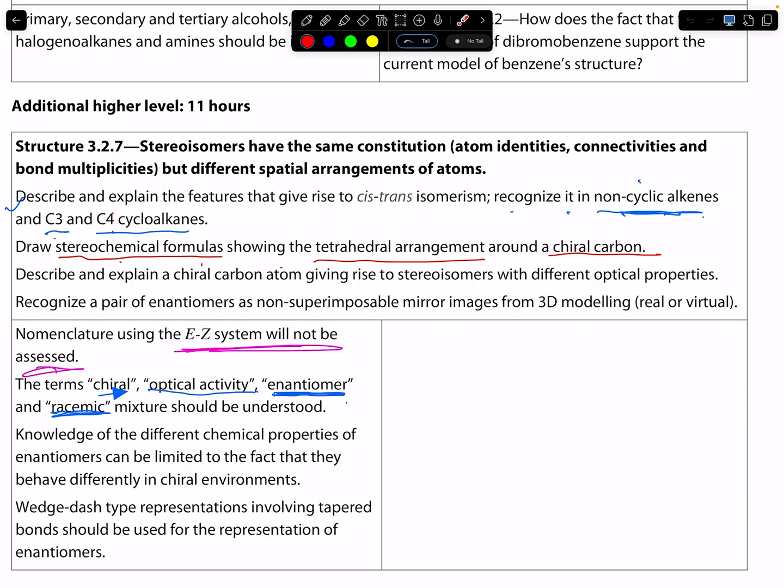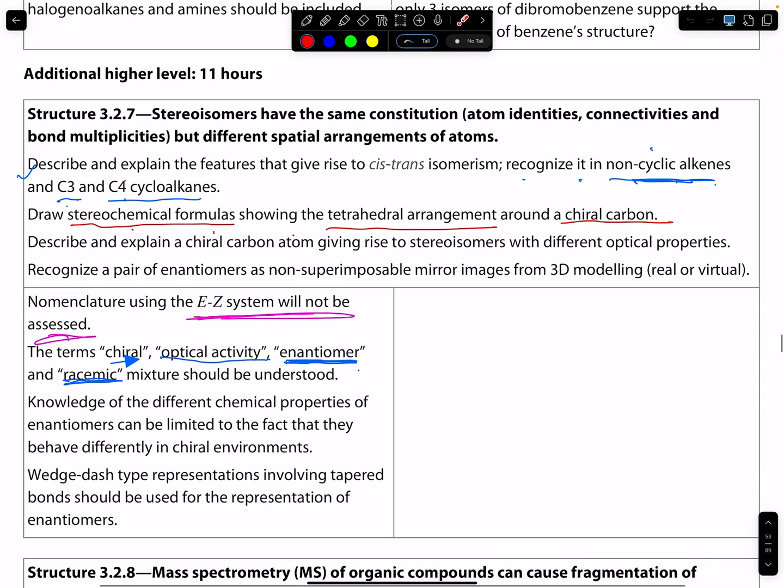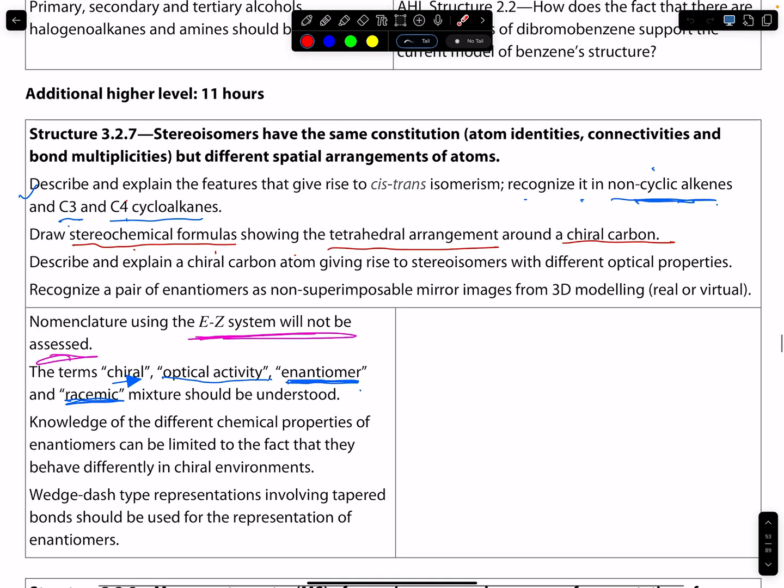So, two concepts. One line has two concepts. Non-cyclic alkenes is restricted rotation about the carbon-carbon double bond. Carbon 3 and carbon 4 cycloalkanes is restricted rotation about the ring. So for IB, it will only test you on carbon 3 and carbon 4. But I teach you all carbon 5 and carbon 6 so that you complete your learning, so that you understand why carbon 5 and carbon 6 have no cis-trans isomerism.